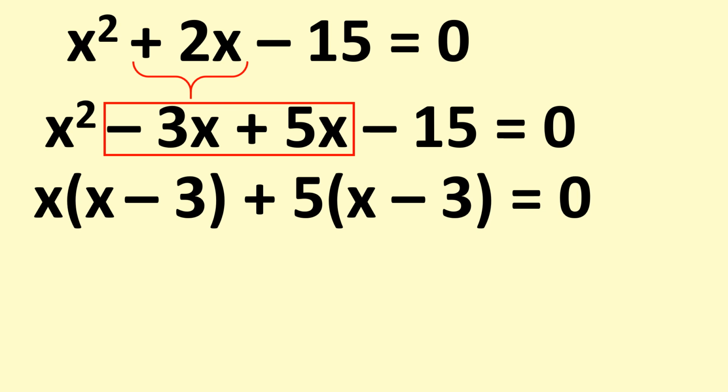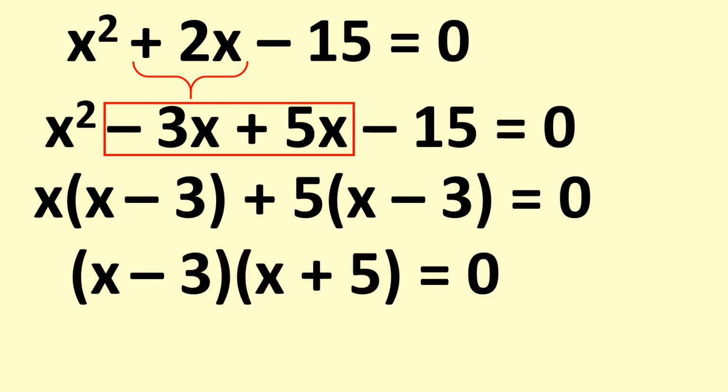We will observe that x minus 3 is common to these two. So we'll bring out x minus 3, and we are left with x plus 5, and everything equals 0. So we have simply factorized this particular equation.